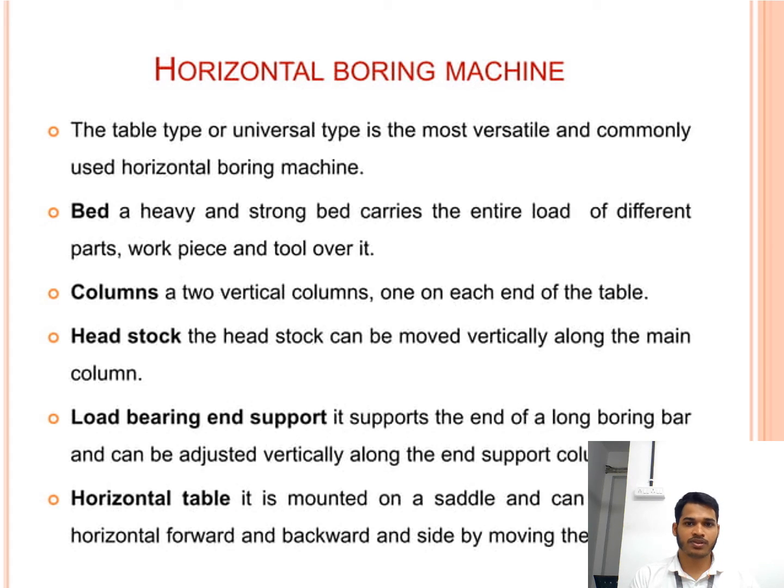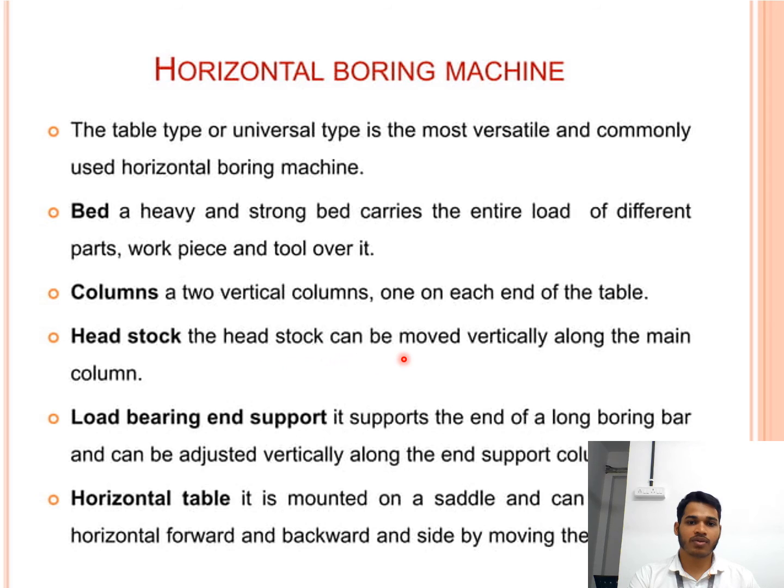The horizontal boring machine is the most versatile and commonly used boring machine. A heavy and strong bed carries the entire load of the different parts and workpiece. The bed is made of cast iron, a heavy metal, with two vertical columns, one at each end of the table, and the headstock.